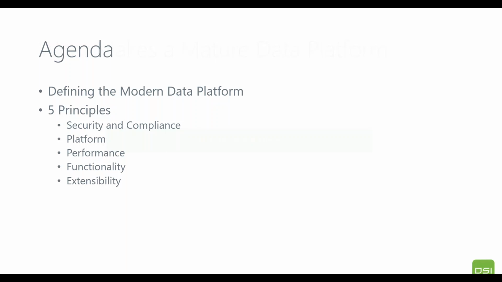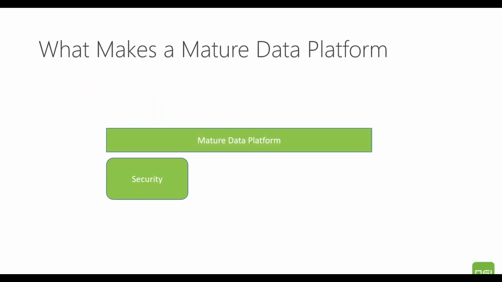So let's start with the definition of the modern data platform. Now, you've probably heard all kinds of thoughts on data. So data is the new oil. Those organizations that are not deep into AI and machine learning will fall behind their competitors.